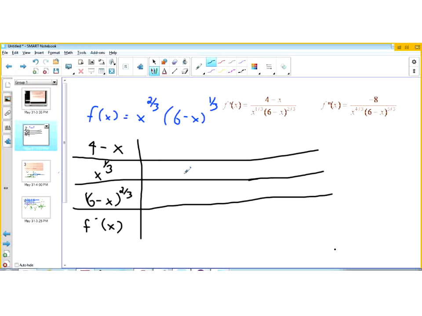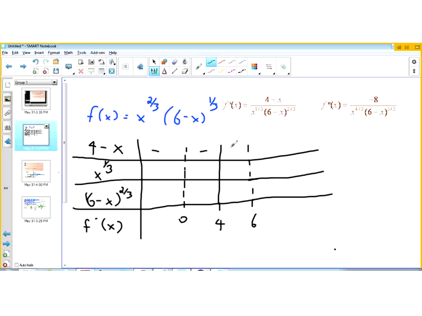So we have f prime of x, and the zeros of the factors would be at x equals 0. But 0 is not in the domain of the first derivative. And then we have x equals 4, which is in the domain. And then we have x equals 6, which is not in the domain. So remember, we're looking for a transition from plus to minus of the first derivative, or minus to plus.